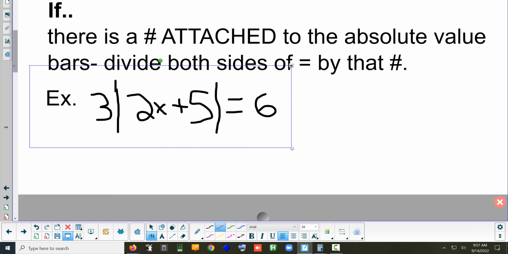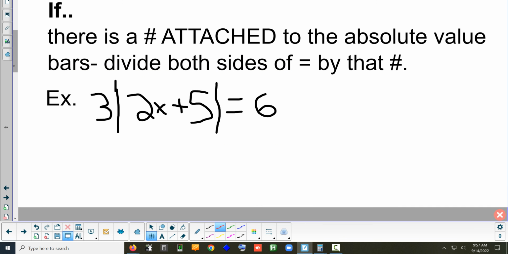So using the step above, can somebody tell me what I would have to do on each side to get rid of that 3 that's attached to the absolute value? Yeah, divide both sides by 3. Yes. I would divide both sides by 3. What that does is it cancels this 3 out.